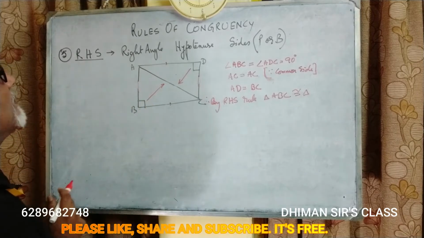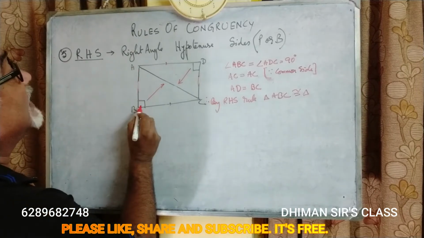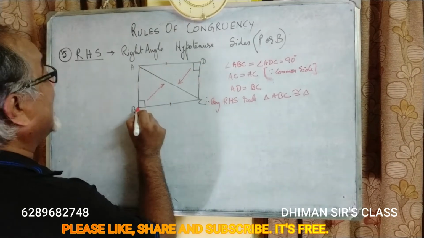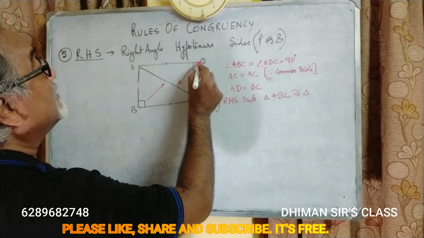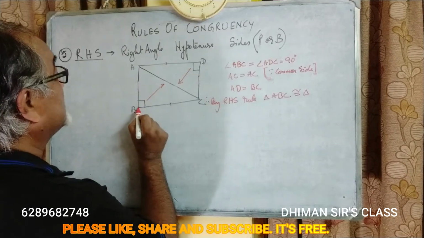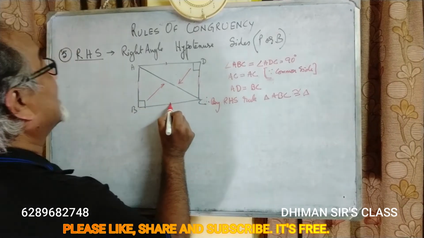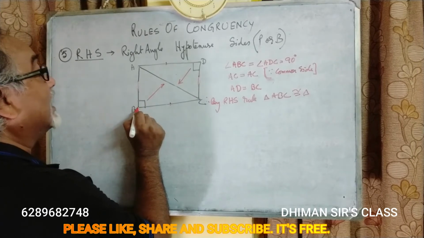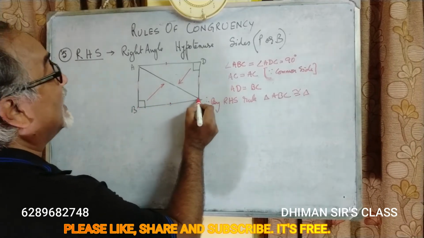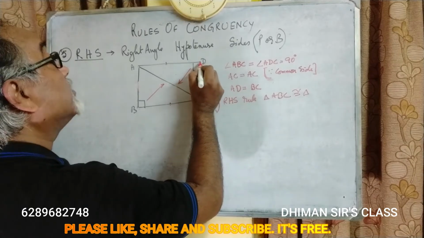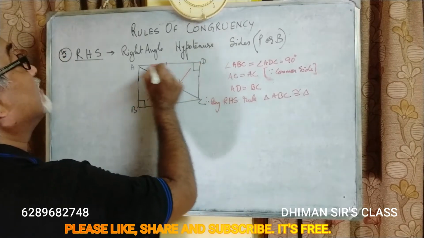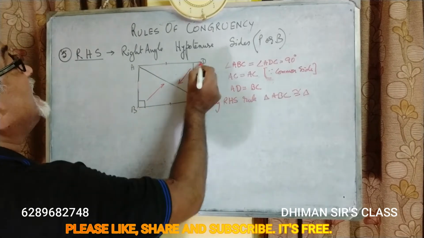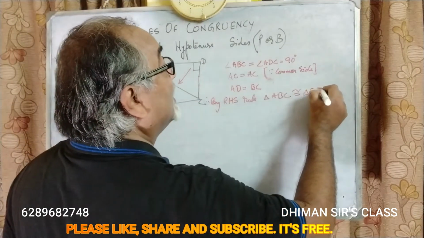In that case, sir, we have to start from A to the right angle, from C to the right angle, and from A to B, C to D we are moving. From the right angle, this B onwards, this equal side we are catching. A to B, right angle we came. From the right angle to this side we will move. So here also, C to D, up to the right angle we will come. And from there the equal side we will catch. So ABC is congruent to CDA.